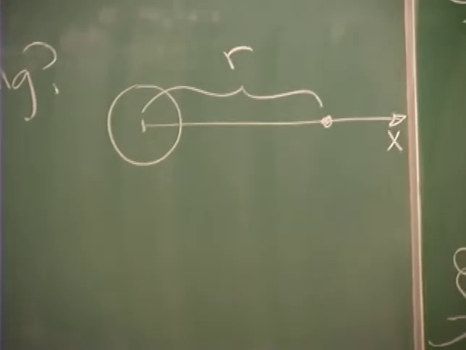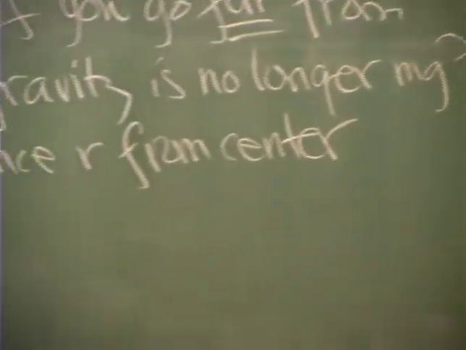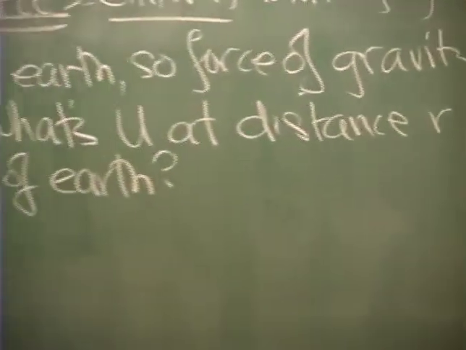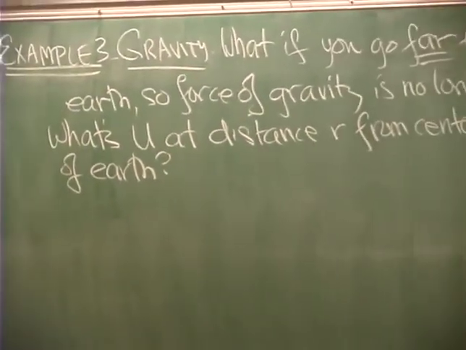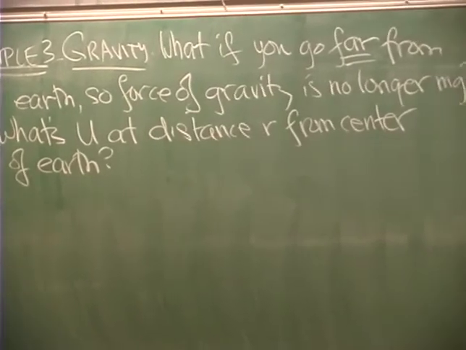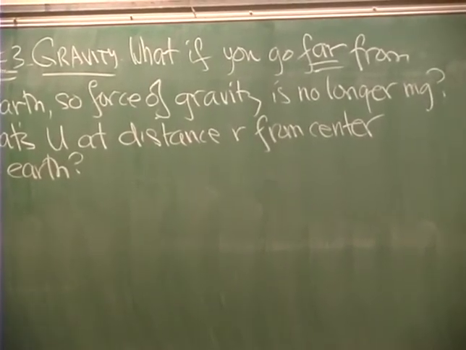So you understand why this is okay locally, but no good for large distances. If I'm doing an astronomical problem, the motion of planets or something like that, then this is nonsense because the mg is just close to the surface of the Earth.